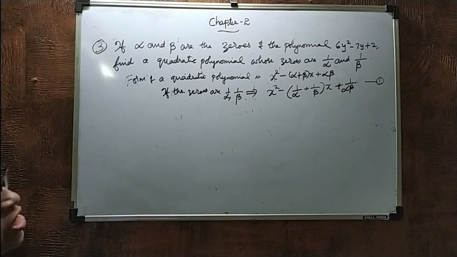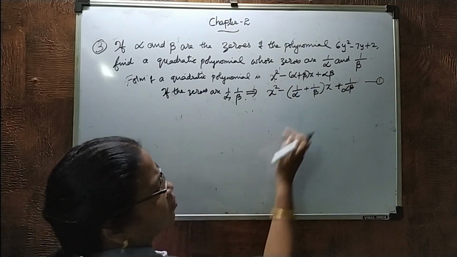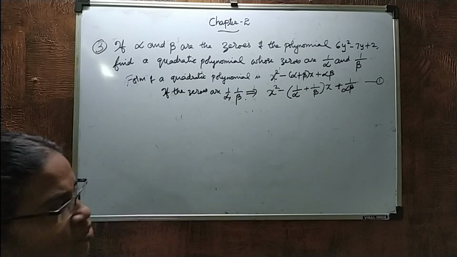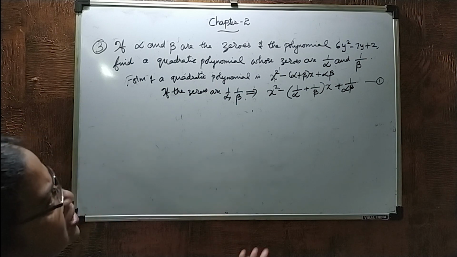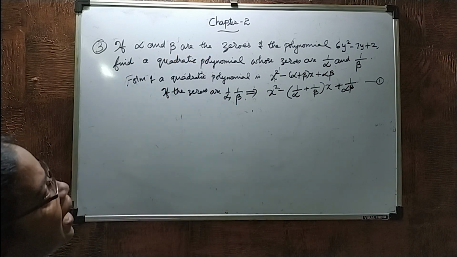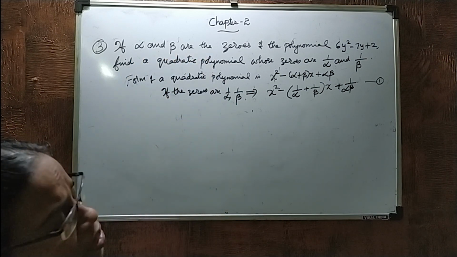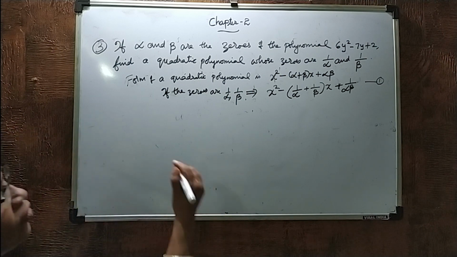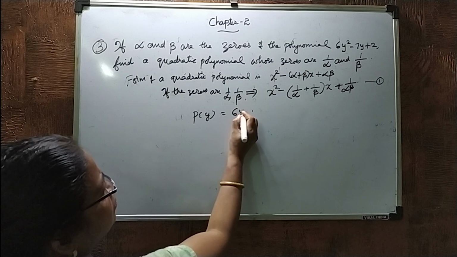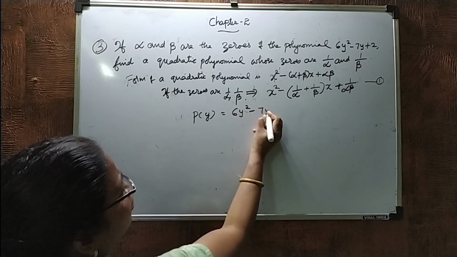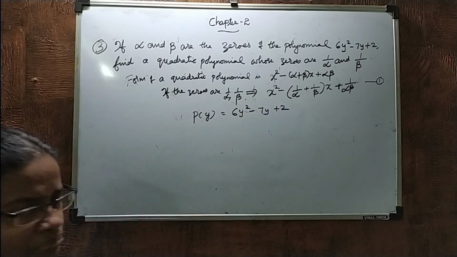So what you have to do is find 1 by alpha plus 1 by beta, then apply that value with x, and then the value of 1 by alpha beta. So start with the first one. Alpha and beta are the zeros of the polynomial p of y equal to 6y square minus 7y plus 2.